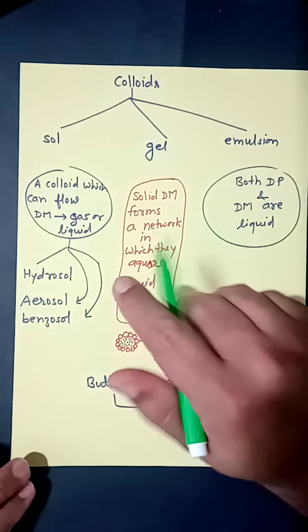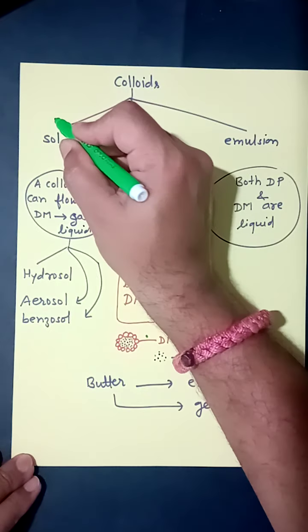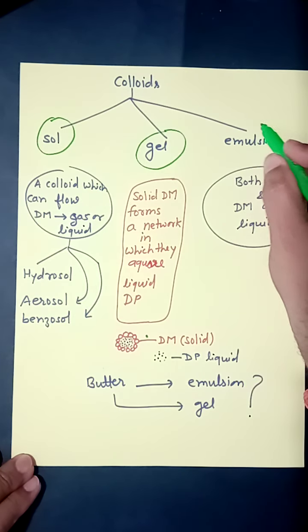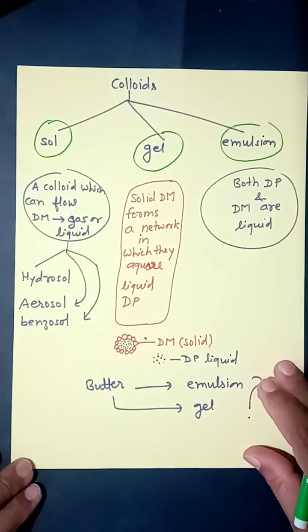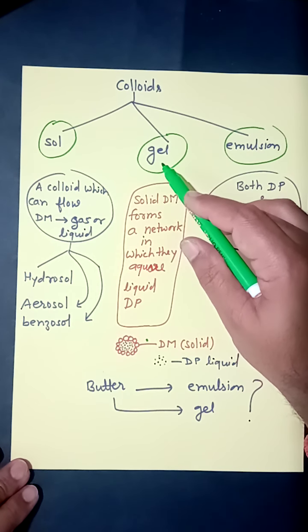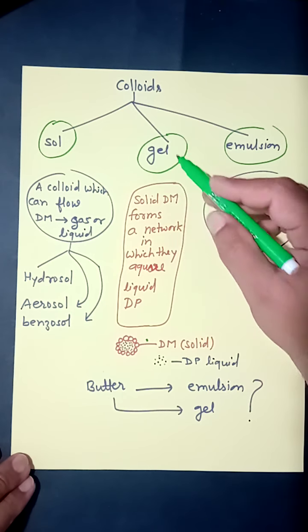Now a few more points which we need to prepare here. There are 3 terms used in colloid. One is sol, other is gel, and third is emulsion. Now these are used in day-to-day life also. I hope you have heard of jelly or gel. At least you have heard about hair gel. So this is gel.